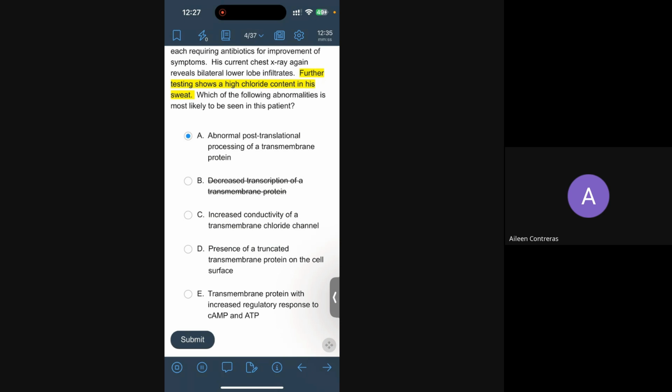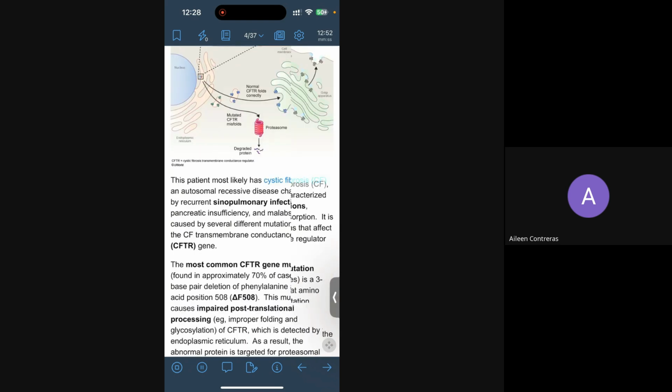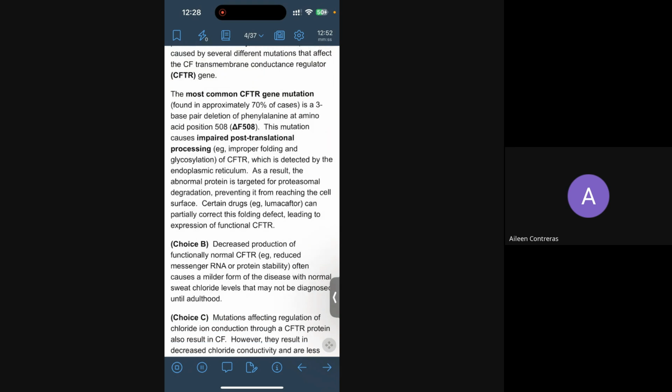The main defect is not in the conductivity. The protein never reached the cell membrane. With increased regulatory, no. So the only answer left is option A: improper folding and glycosylation of CFTR.